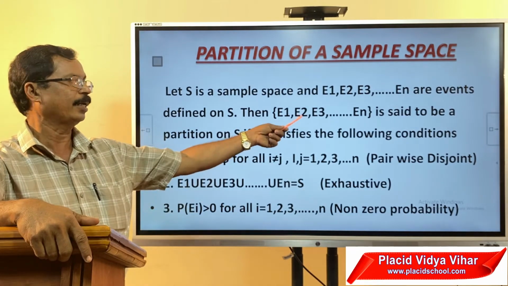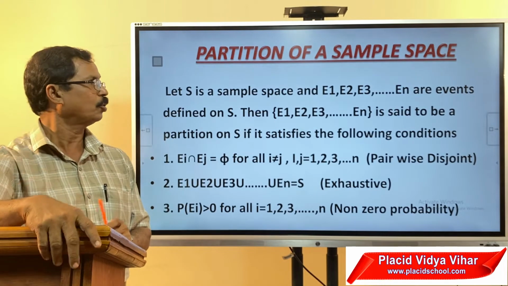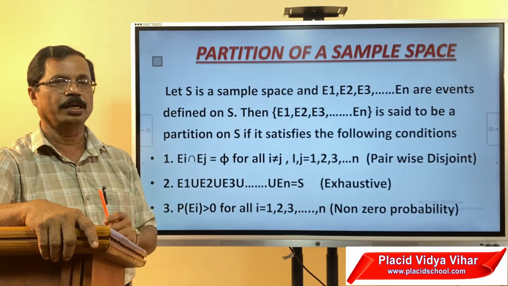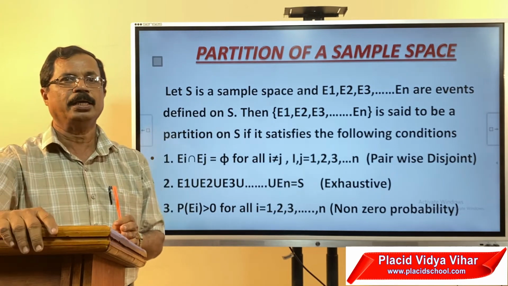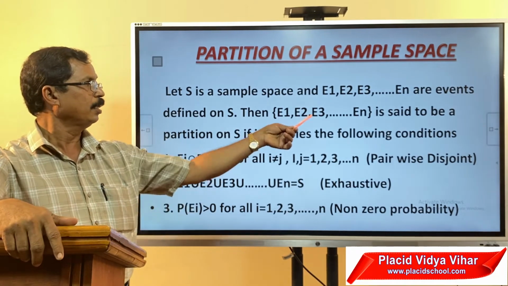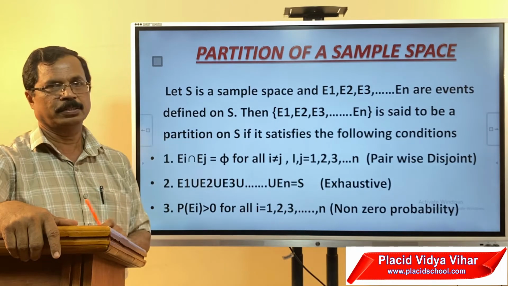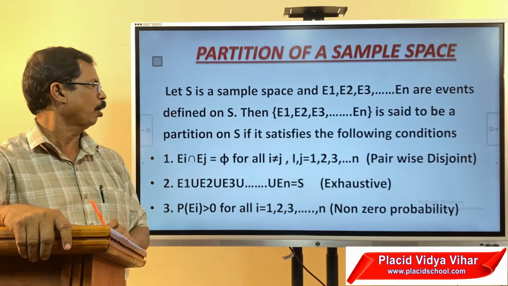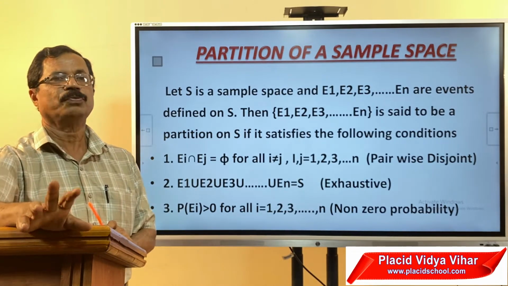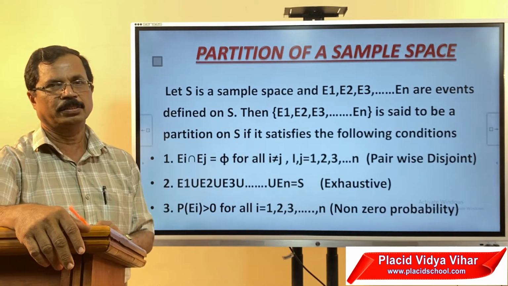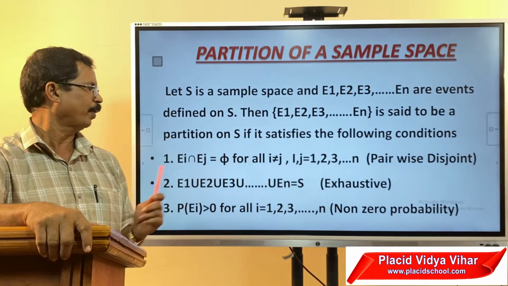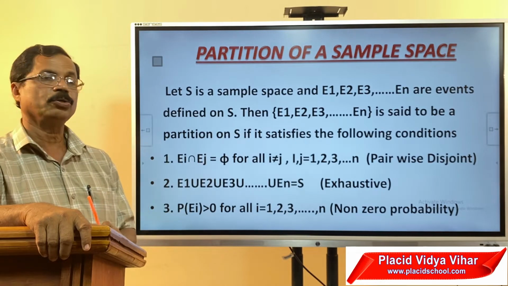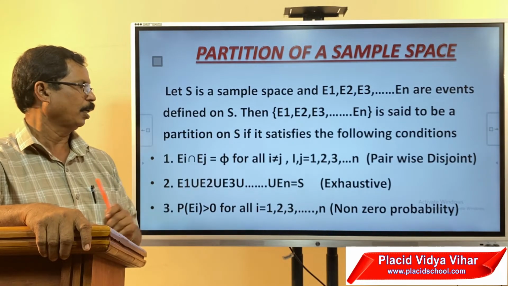Now you take the collection of all events, that is the set E = {E1, E2, E3, ..., En}. They are all events and we have taken their collection, and E is said to be a partition on S. Okay, you can underline the word partition. E is said to be a partition on S if it satisfies the following 3 conditions. The first condition: Ei intersection Ej is equal to the null set for all i not equal to j.